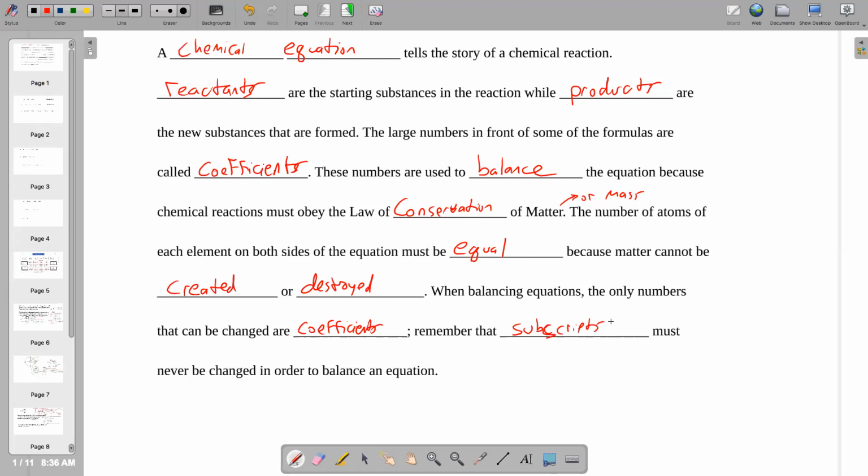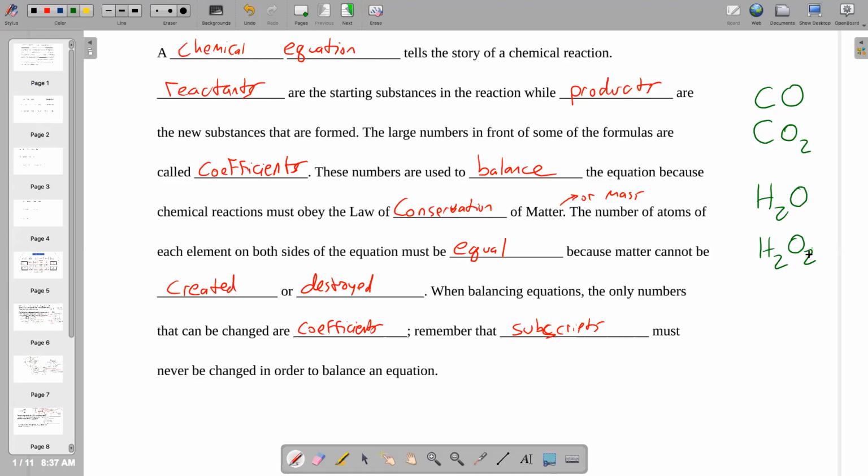If you change the subscript in a chemical formula, it changes what chemical it is. There are chemicals that seem like they're the same, but have different subscripts. Like we already talked about CO, that's carbon monoxide, but CO2, that's carbon dioxide. Or water is H2O, but hydrogen peroxide is H2O2.